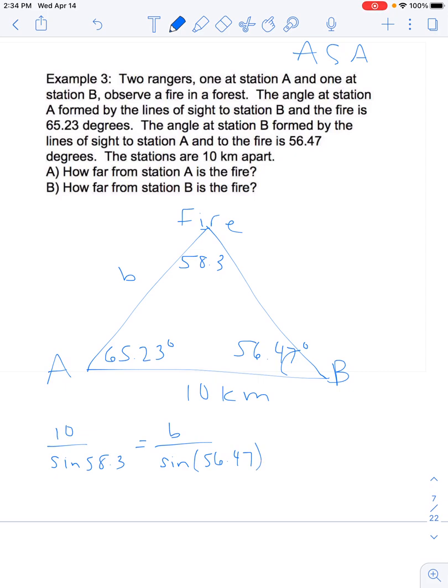And then I'm going to cross multiply. And I get that side b, or station A, is 9.8 kilometers from the fire. We can do the same thing by setting up the ratio to find the distance from B to the fire.